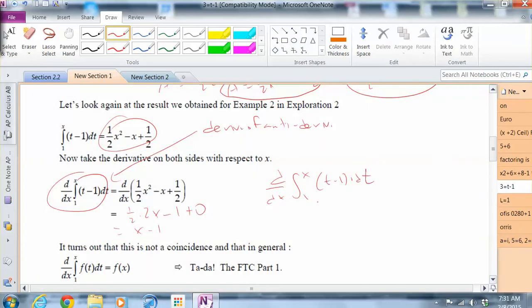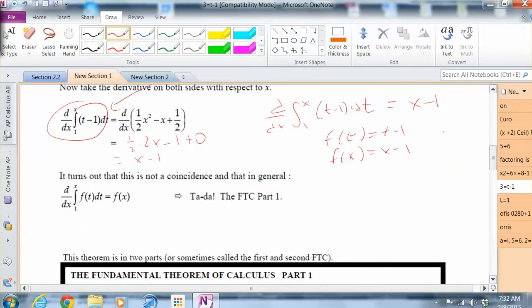So if I take the derivative of the antiderivative, it's almost like I'm replacing t with x. So in essence, if f of t is t minus 1, f of x, of course, is x minus 1. It seems as if taking the antiderivative from a constant to x is just f of x. And that's the fundamental theorem of calculus part 1.